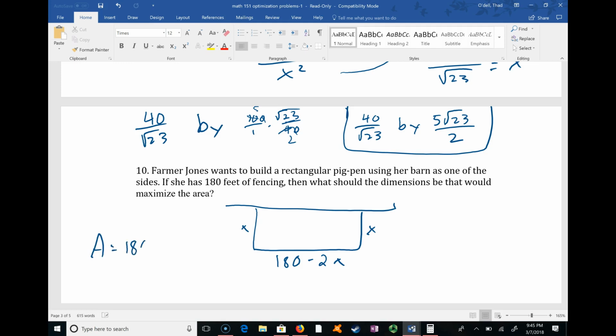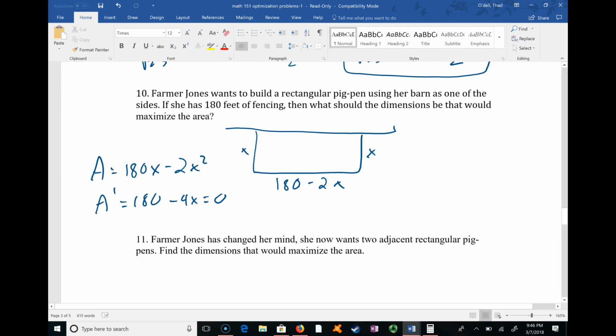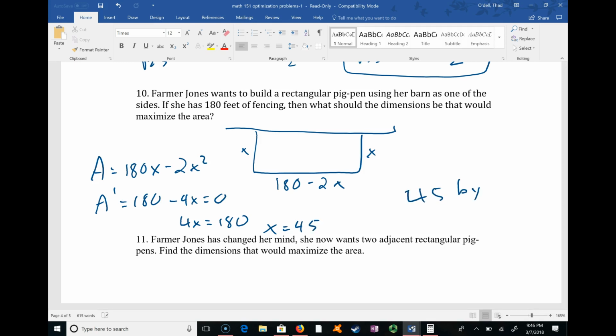So that'd be 180X minus 2X squared. A prime would be 180 minus 4X is equal to 0. So 4X is equal to 180, which means X is equal to 45. So my pen would be 45 by 90. Optimization.